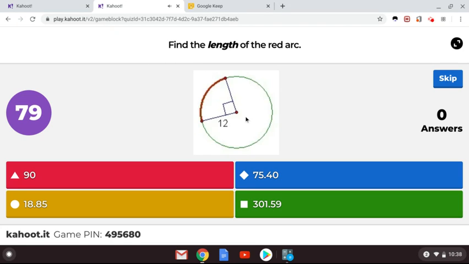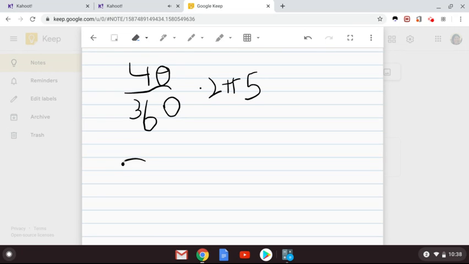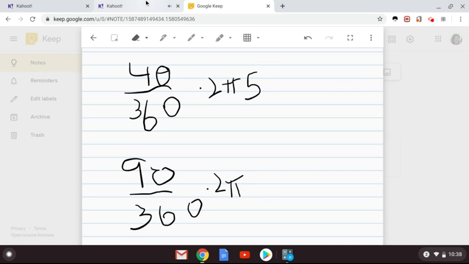So this actually looks like it's a quarter of that. Okay, so it's 90 degrees, and the radius is 12. So 90 over 360 times 2 pi r. 2 pi, and the radius is 12.